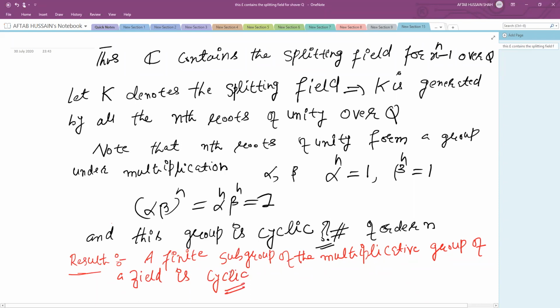So we know that this group is cyclic, so it has a generator.